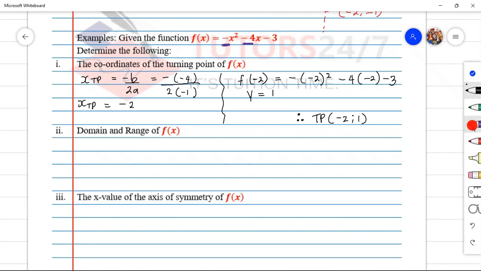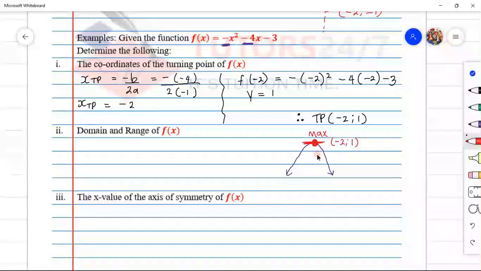But if we want to find our range, let's start by drawing our negative shape parabolic function. So we know that this turning point over here, which is represented by the coordinates -2 and positive 1, is the highest point, or you can call it the max or maximum value of our graph.